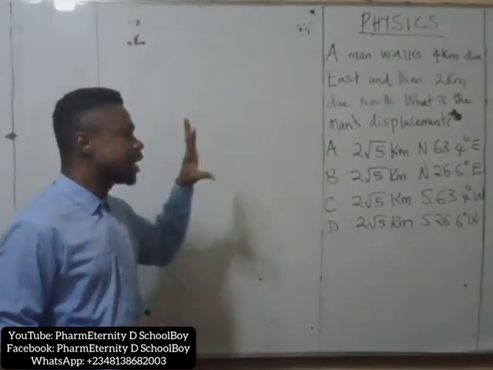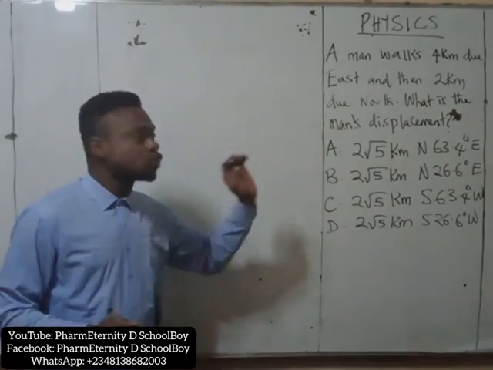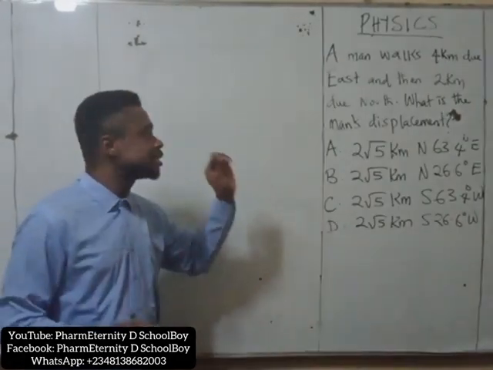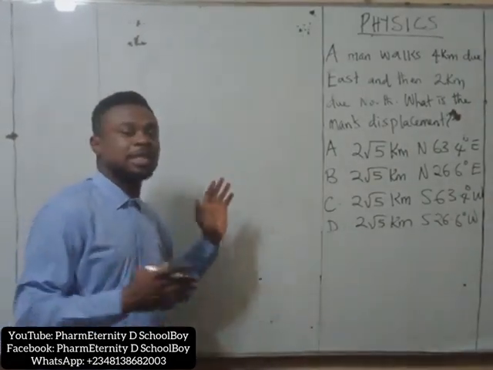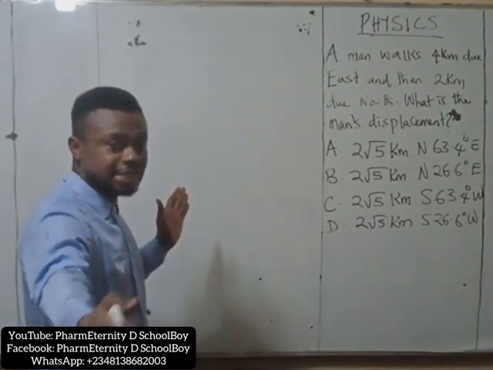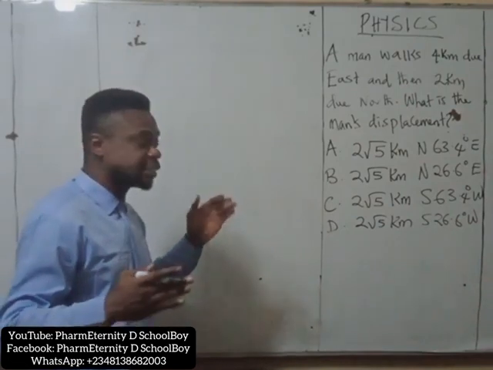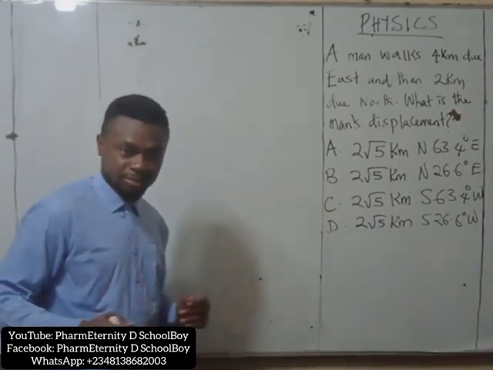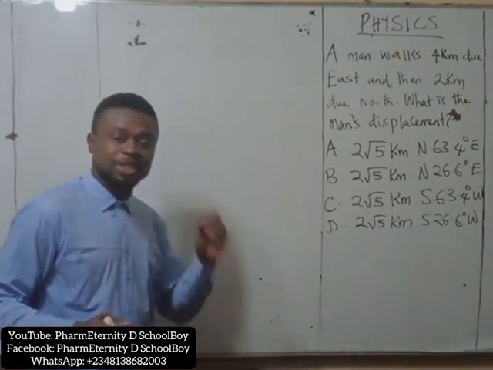Okay. For us to be able to solve this question, we try to look at what displacement is and the cardinal points. Displacement talks about the distance traveled in a specific direction.